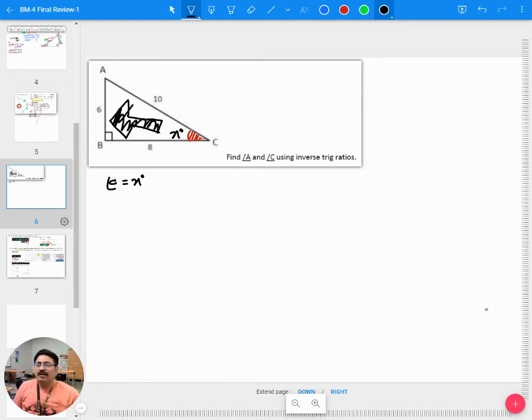I call it the opposite side, right? So you may take the opposite side, hypotenuse, or you may take the adjacent side, as you like. So in this question, I'm planning to take the opposite side, which is 6 units, and the adjacent side, opposite and adjacent.